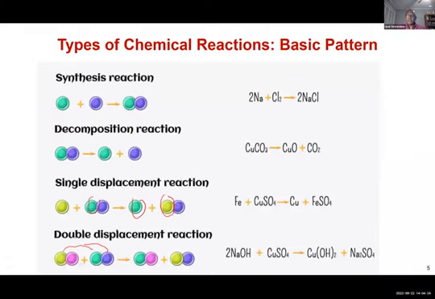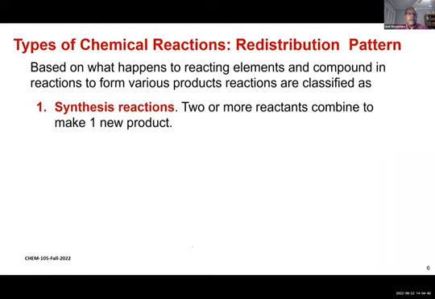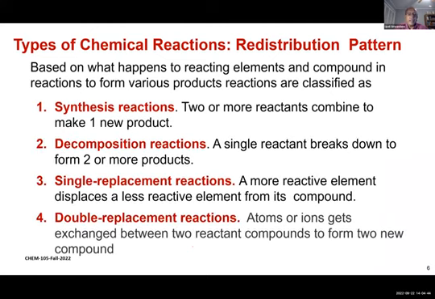They both swap. So it's called a double displacement. That's depending on the basic pattern of atom exchange. Chemical reactions are of 4 types: synthesis reaction, decomposition, single displacement, double displacement. We talked about that in the previous slide.